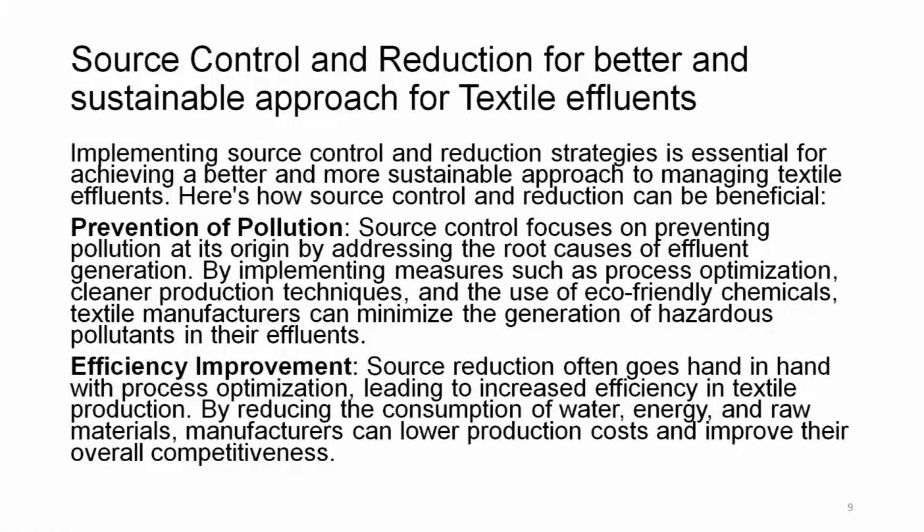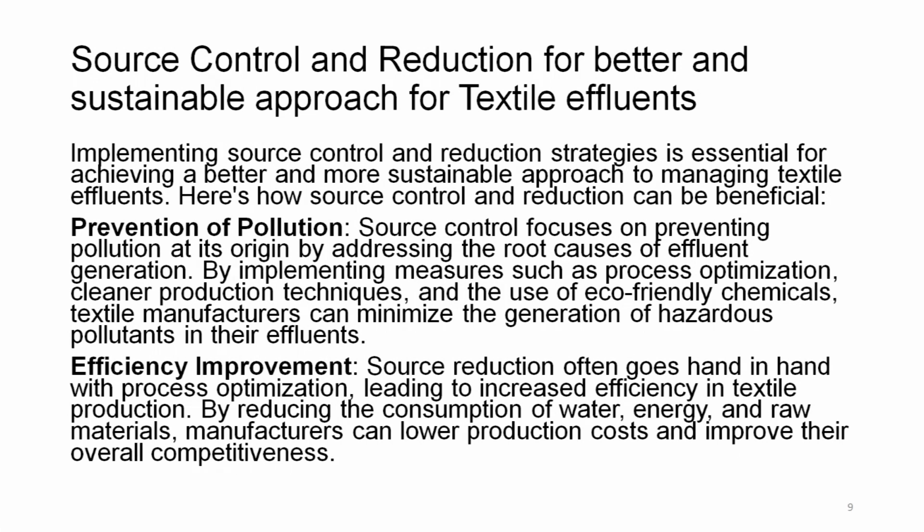Implementing source control and reduction strategies is essential for achieving a better and more sustainable approach to managing textile effluents. Here is how source control and reduction can be beneficial.